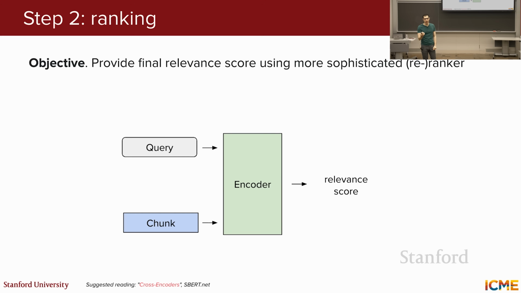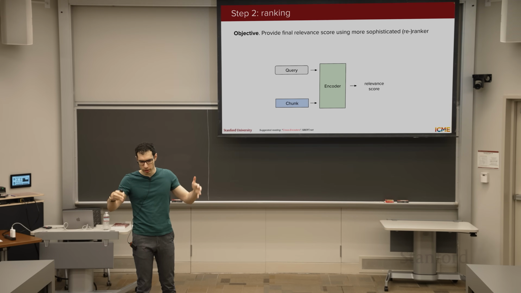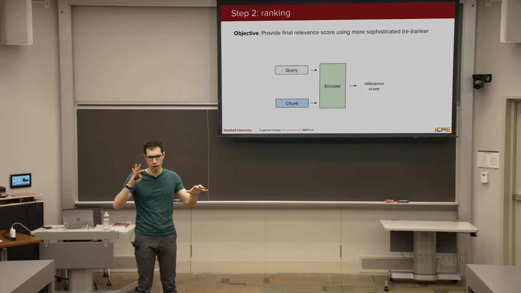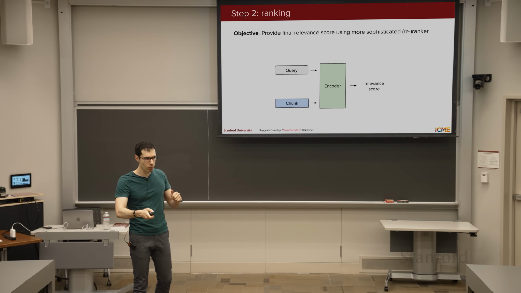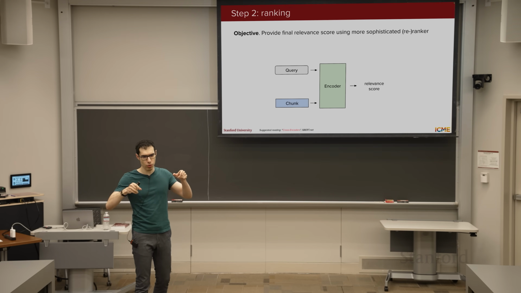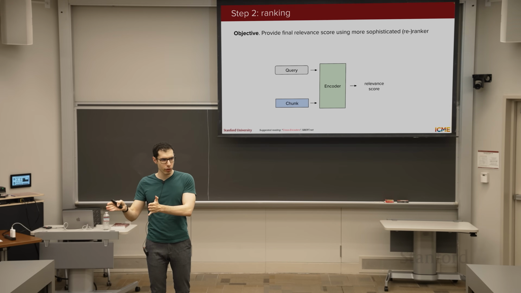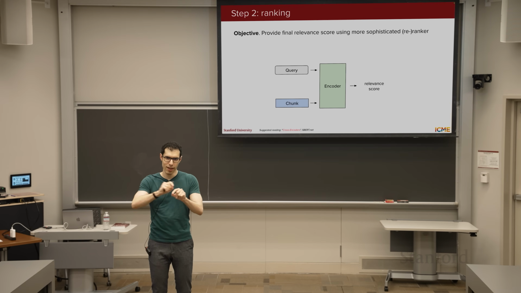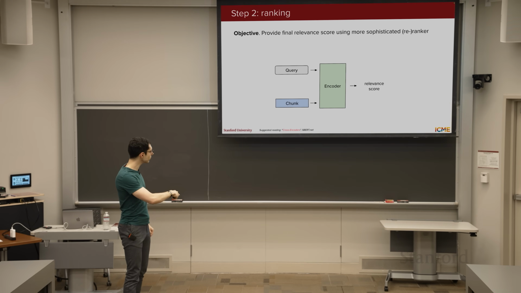So the reason why it may be a little bit more meaningful to do it this way is that you have a model that takes a look at both your query and your chunk at the same time and gives you a score. Whereas in the first step, you had one embedding for the query and one embedding for the chunk, which didn't have that interaction that a model could capture.